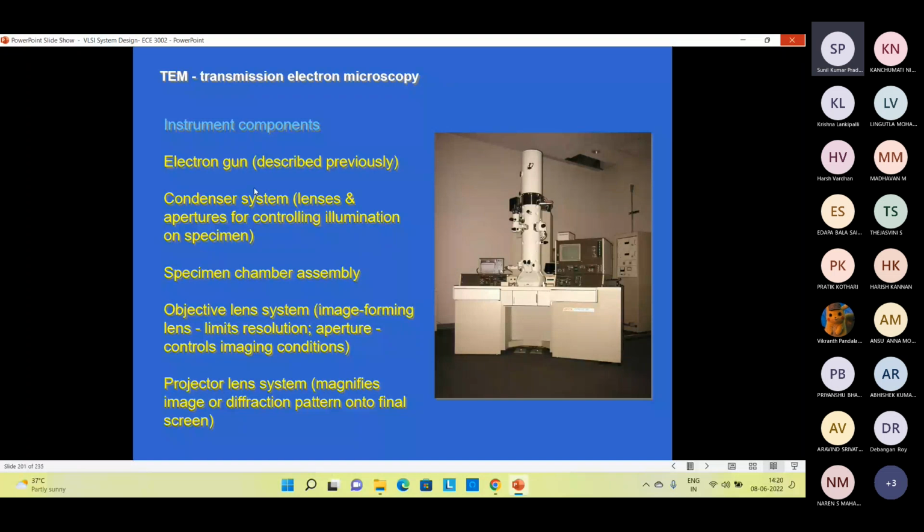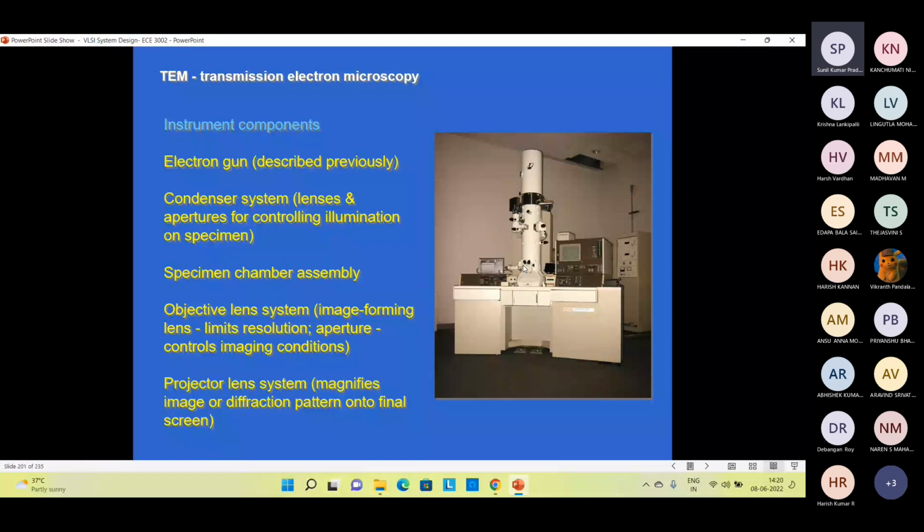Also the objective lens system, that is the image forming lens, which limits resolution, and apertures control imaging conditions here. Then we have a projector lens system that magnifies the image or diffraction pattern onto the final screen. Through an electromagnetic lens system, we can tune the electron beam and focus it correctly on our samples, which helps us take the sample image correctly.